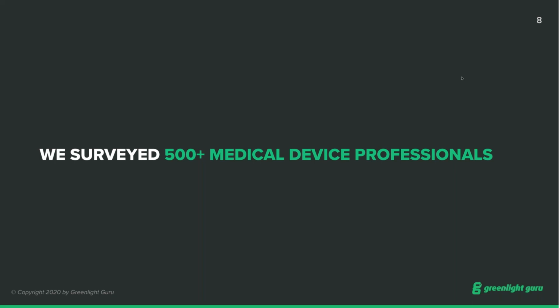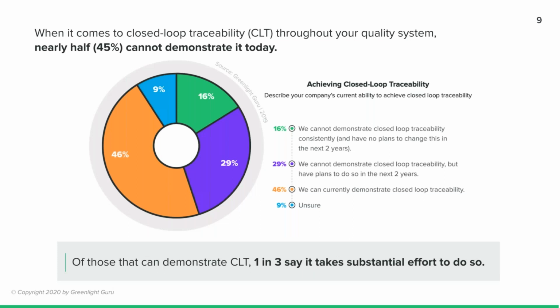One thing we want to talk about, we try to make a lot of decisions at Greenlight Guru using data from the industry and a good following of medical device professionals. So we wanted to get some information from them about what challenges they have with closed loop traceability. The results were very interesting.